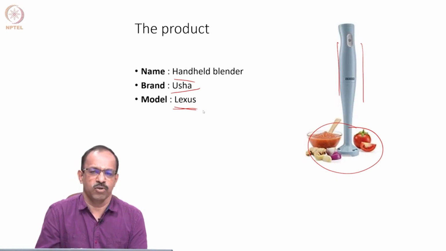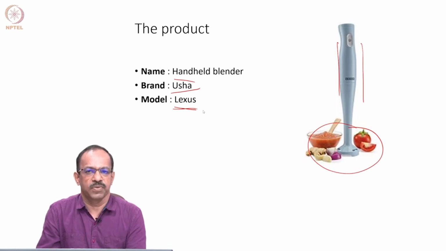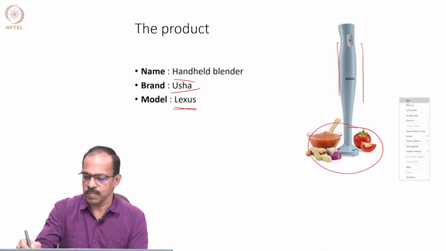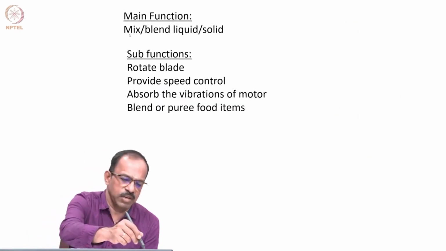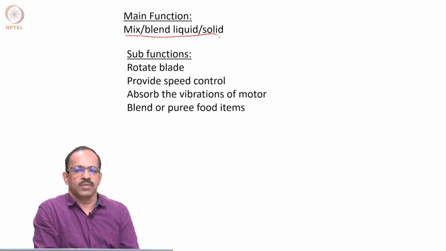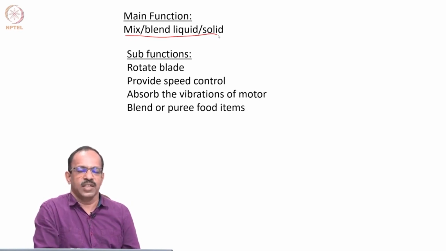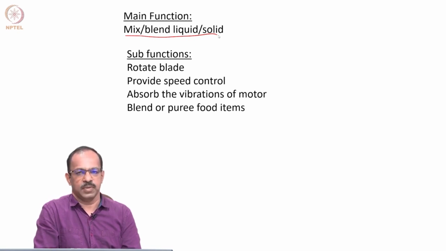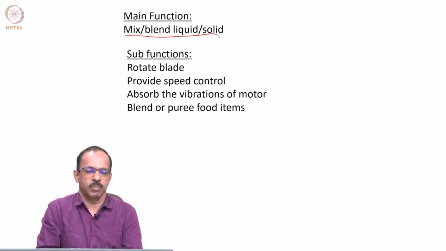used domestically or in restaurants and hotels to mix solids or semi-solids or liquids. So the primary function is to mix or blend liquid or solid, which will be kept in a container, and then you use this blender to blend them well for some purpose. That is the primary function of this product.